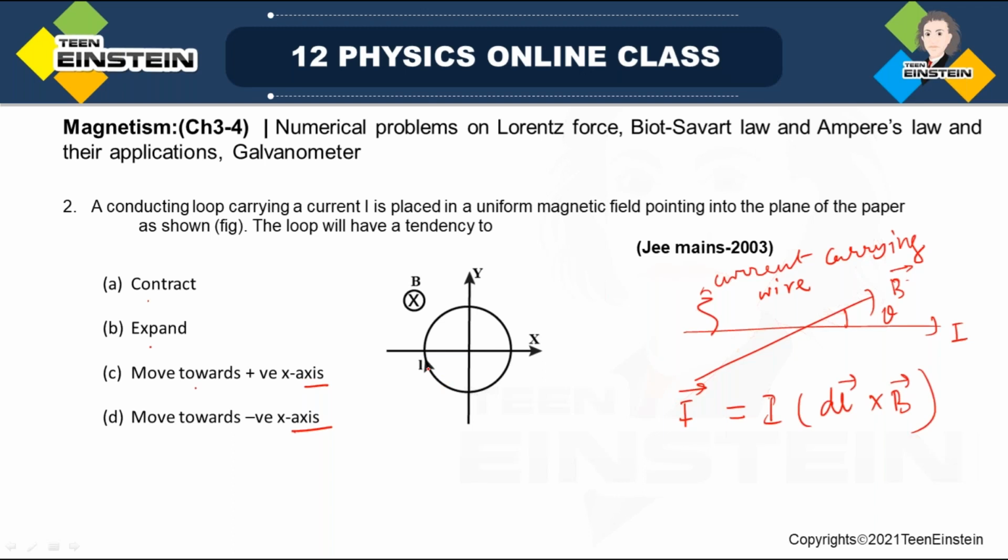Okay, now if you apply the right hand thumb rule for this dl cross B, suppose this is a dl and its direction, you can see that the direction of the element is given, and also the magnetic field direction is into the plane of the paper.